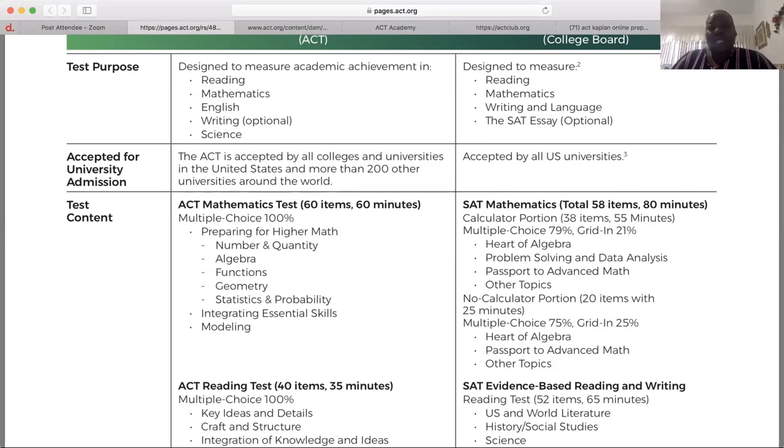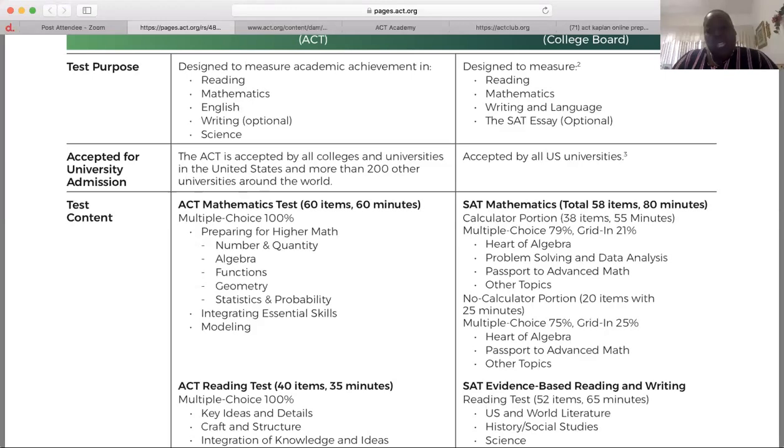So if the students test on a Friday or Saturday, by Wednesday morning, they will actually have their scores sent back to them in their email. So we just wanted to make sure everyone had that understanding that with ACT versus SAT, ACT is computerized based test, results back in 2 days, and SAT is paper and pencil.